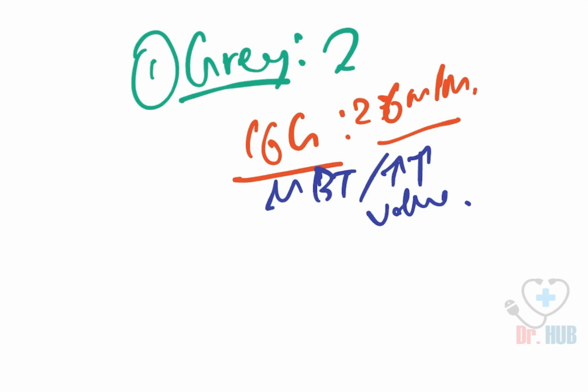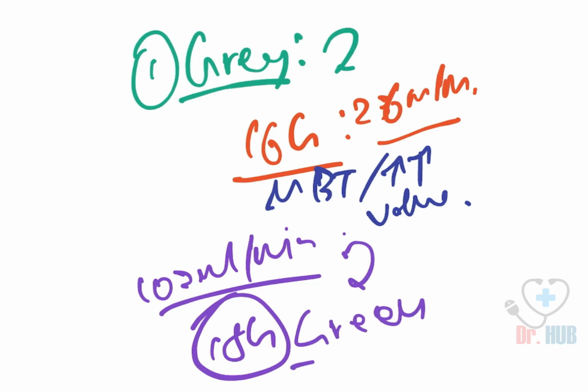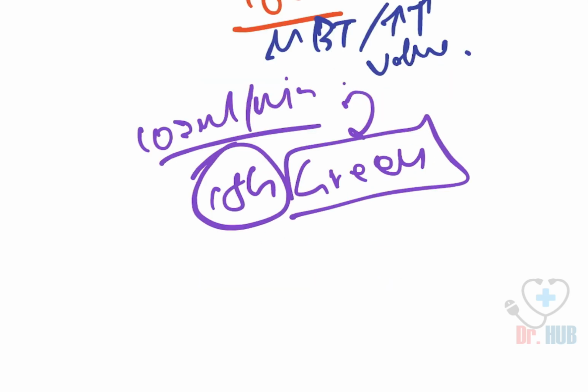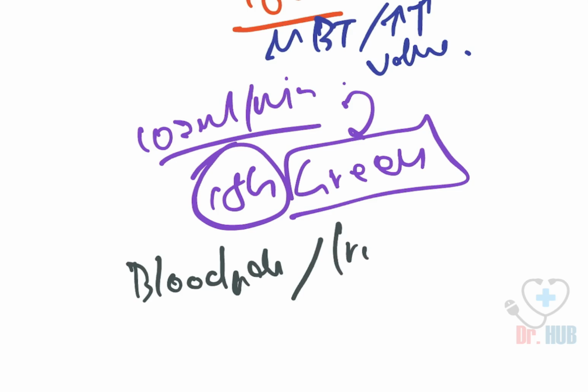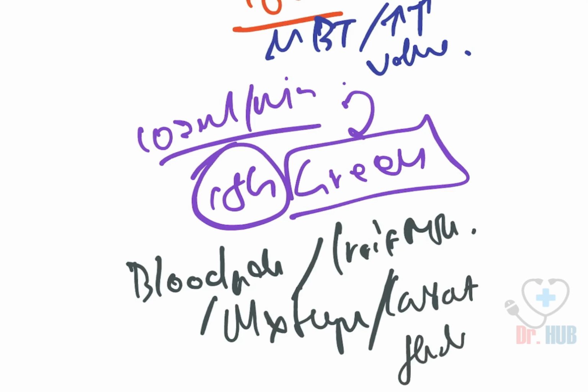Next question: in case of 103 ml per minute, what is the color code? This is commonly used, it is 18G, and it is green. It is used for blood products as well as delivery of irritant medication, and also in major surgeries and contrast study.